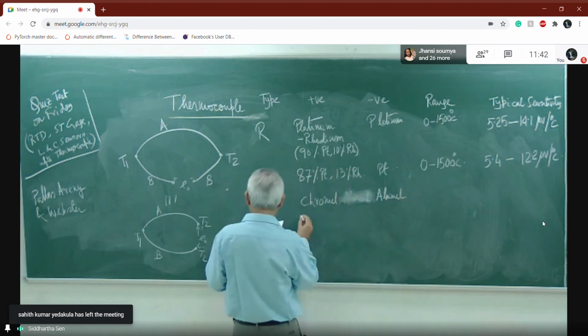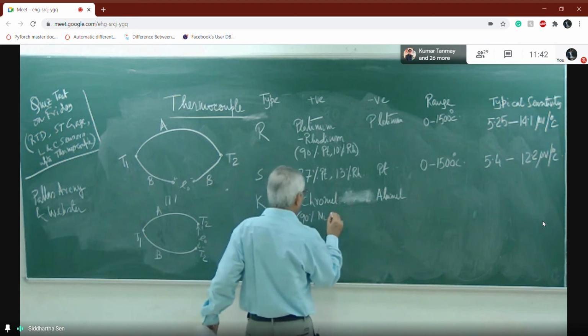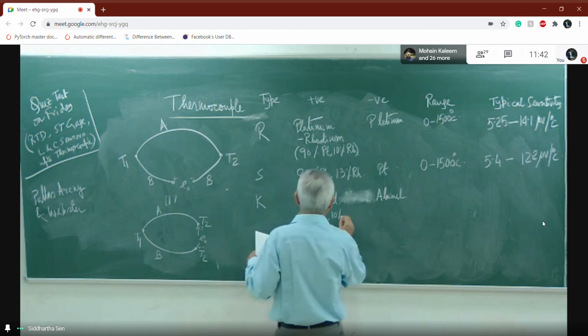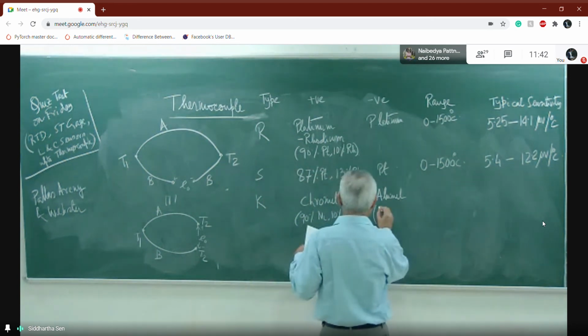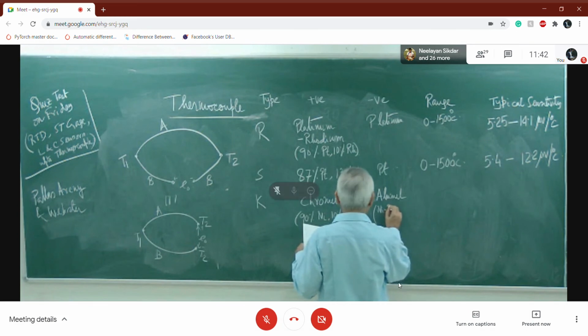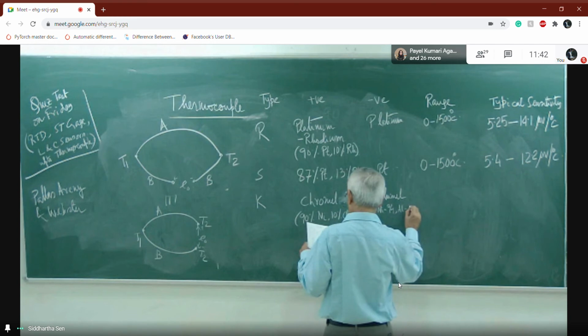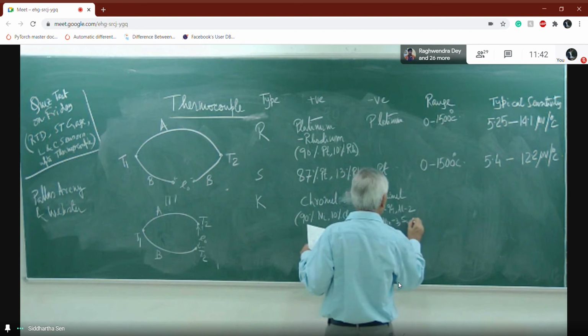Chromel is 90% nickel and 10% chromium. And alumel has a more complicated construction: nickel 94%, aluminium 2%, manganese 3%, silicon 1%.